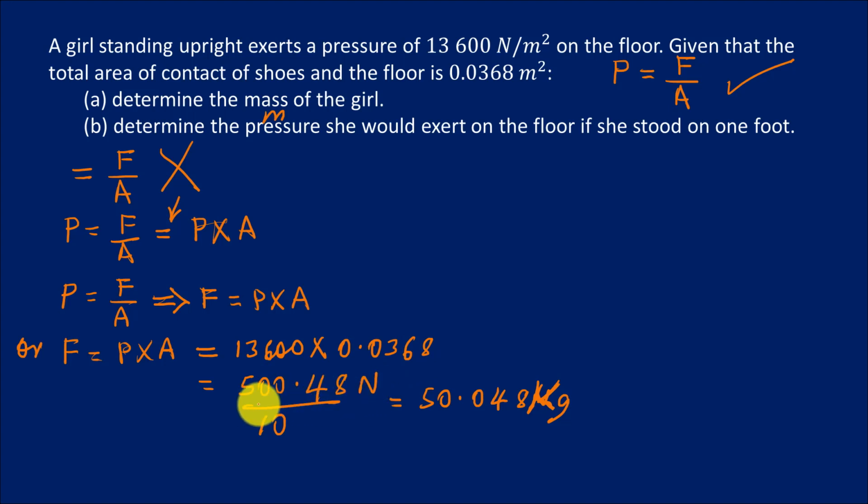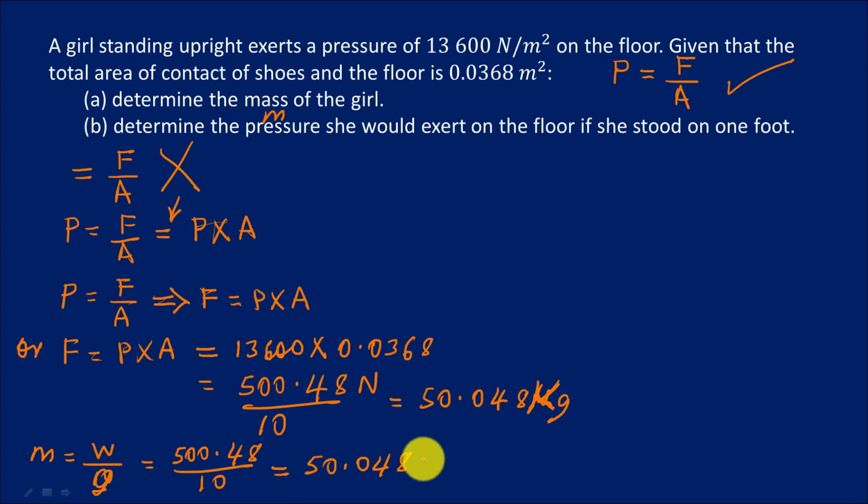If you left your answer at that and then started another line where you say that mass is equal to weight over 10, or weight over the gravitational field strength, or simply wrote m is equal to 500.48 divided by 10, which would be correct. Then you would get your answer as 50.048 kilograms. That one would be correct.